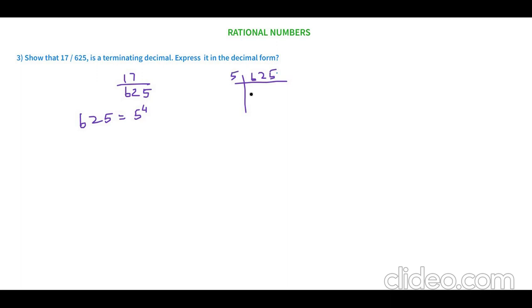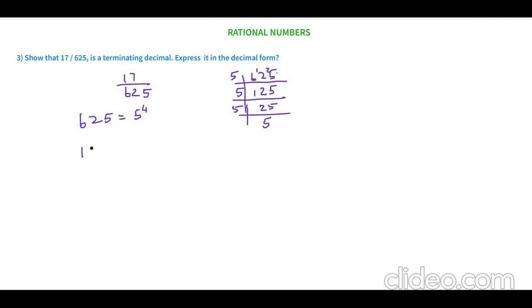We divide by 5, and again divide by 5, then we get 25. Again we factorize this with 5, we get a 5. So that is the reason I write it as 5 to the power of 4. 5 is nowhere a factor of 17. So this is already in the simplest form.